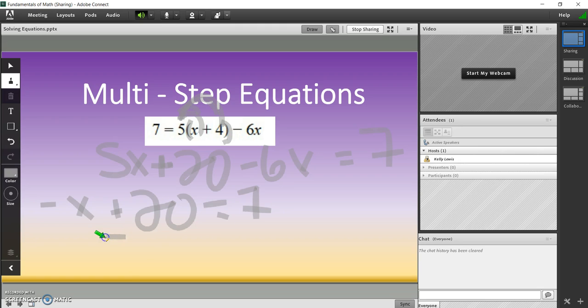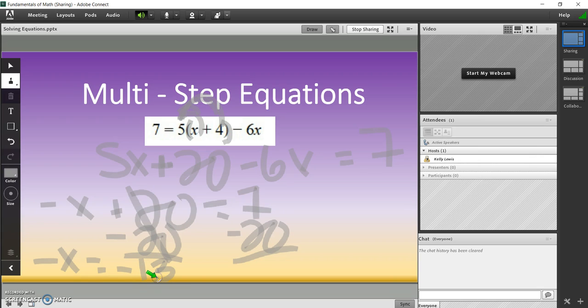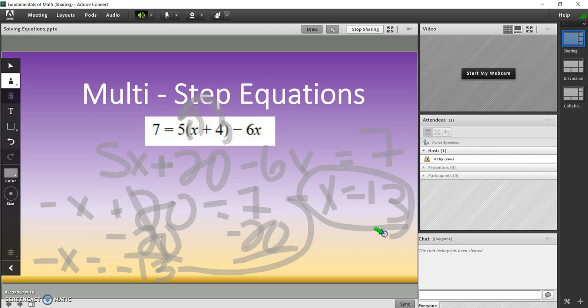So this 20 is being added, so we're going to subtract. So we get negative x equals 7 minus 20 is negative 13. So that means if negative x equals negative 13, and we divide everybody by negative 1, then that means positive x is positive 13. All right.